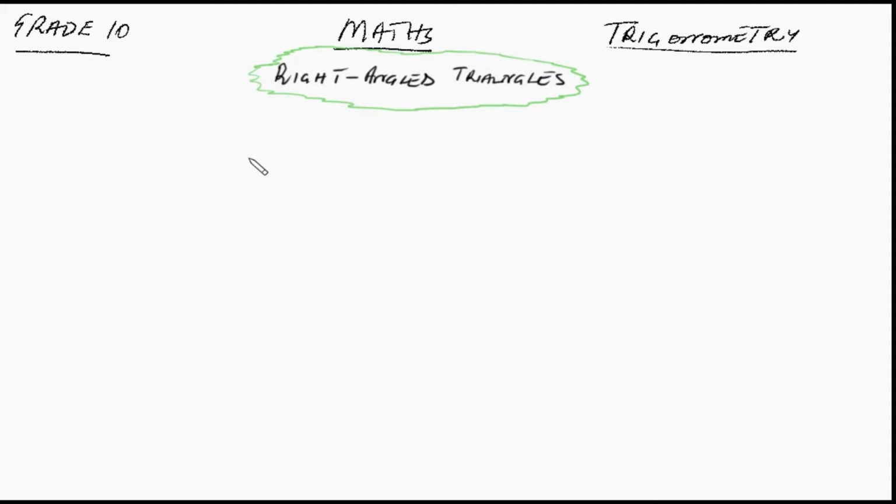I will just draw a right-angled triangle here. It's a triangle that looks roughly like this. And then there is a symbol here which represents 90 degrees. So when we talk of a right-angled triangle, we are talking of a triangle that looks like this.